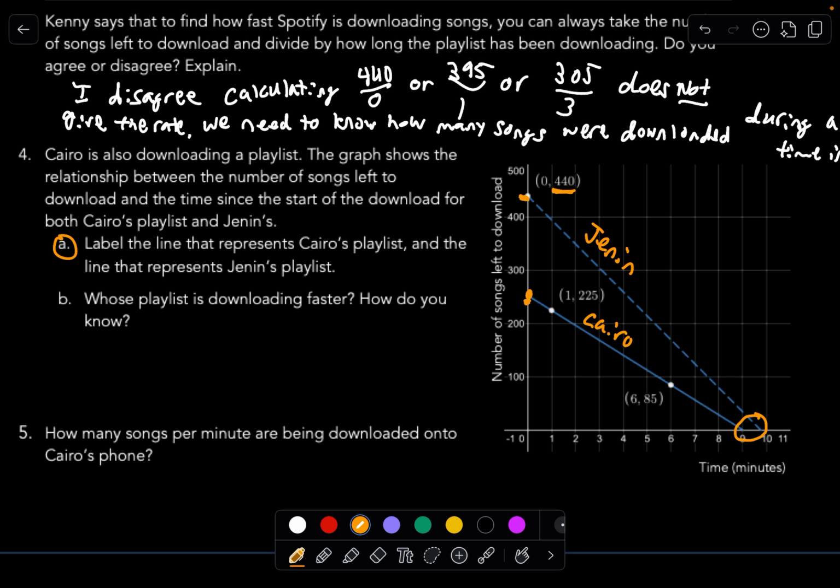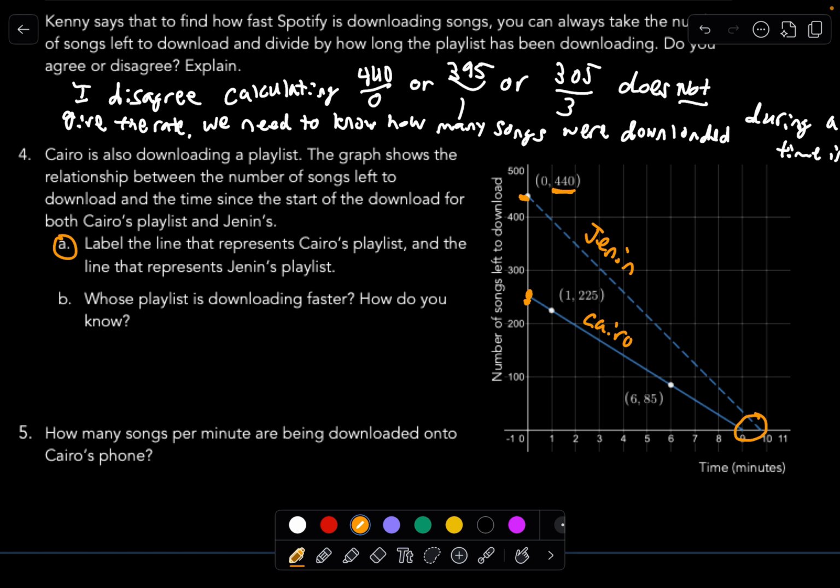And that Janine was a little bit longer, but not by much. And it had significantly more songs, by about 200 more songs to download in that time.